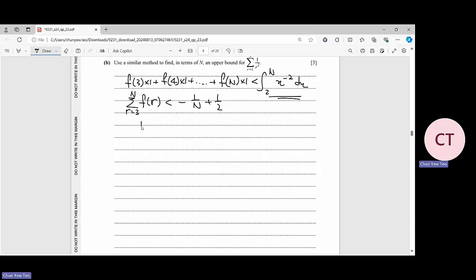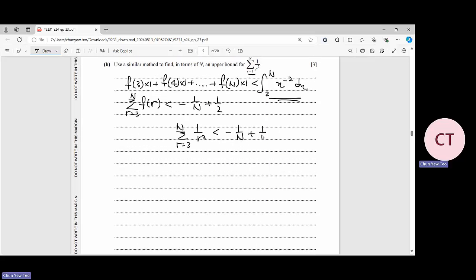In order to get the series starting from 1, this one I change to become 1 over r squared less than negative this plus this. So over here I need to add 1 over 1 squared plus 1 over 2 squared. When I add these two terms on the left, I also need to add 1 over 1 squared plus 1 over 2 squared on the right.